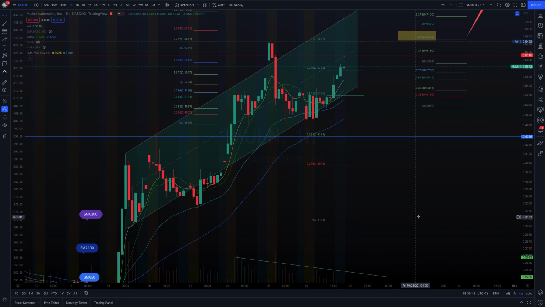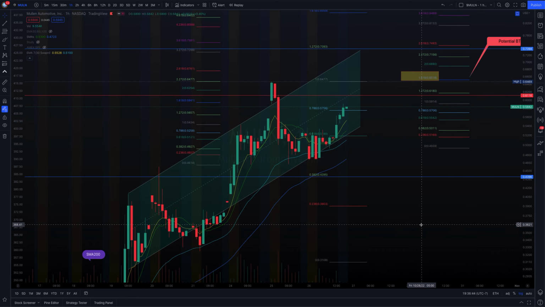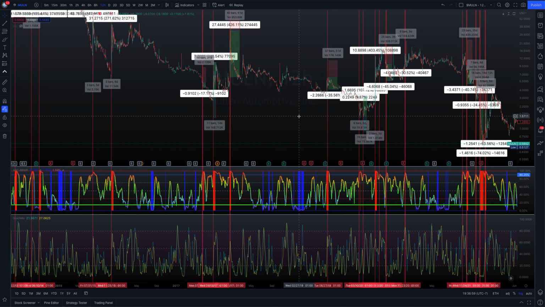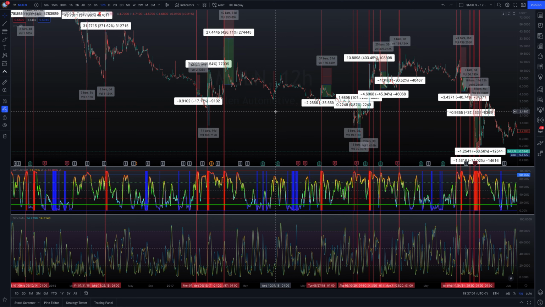So now let's go ahead and finish up with this chart here and jump into the statistical side of this analysis, because that, my friends, has some pretty not so desirable things for the bulls. And before we get started, just know that what I am talking about here is based on statistical metrics.